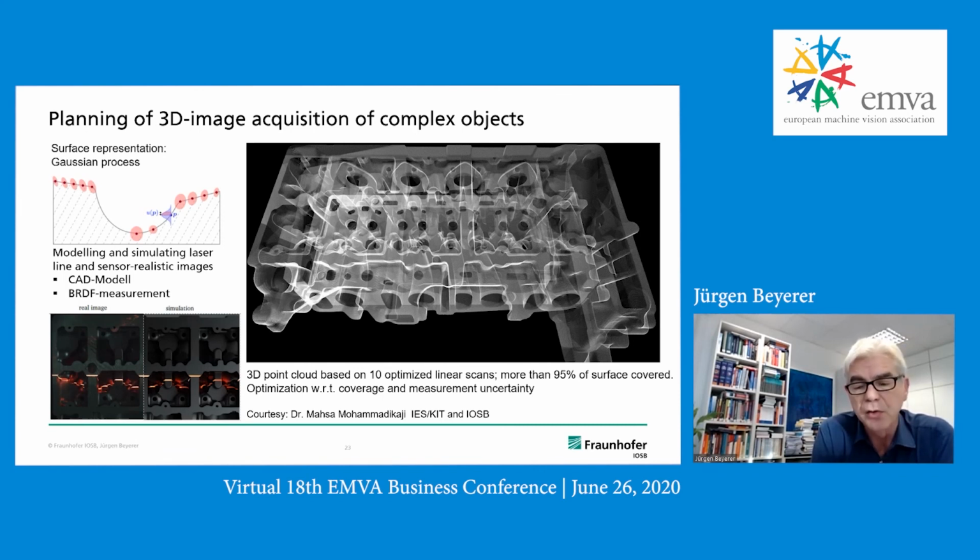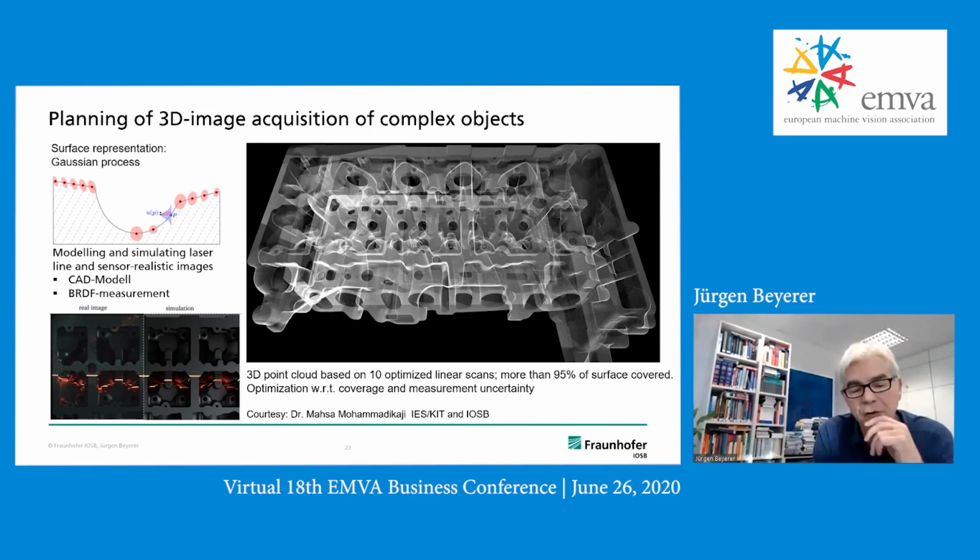We put into this planning process the CAD model of the object, together with some BRDF measurements, because in the cavities the reflectance of the surface is a problem: in metal you get double or triple reflections, which can lead to cross errors, and this should be avoided.